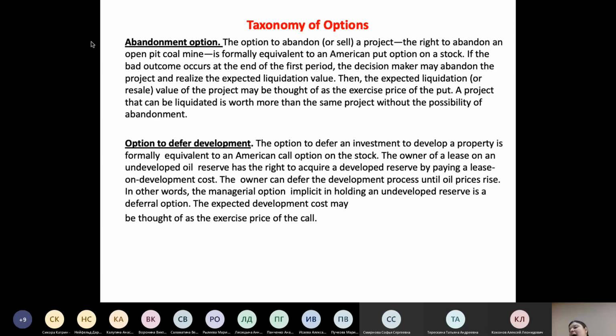To tell the truth, certainly I'll propose you a classification of our options, but in your experience, in your task, you can find other kinds of options.